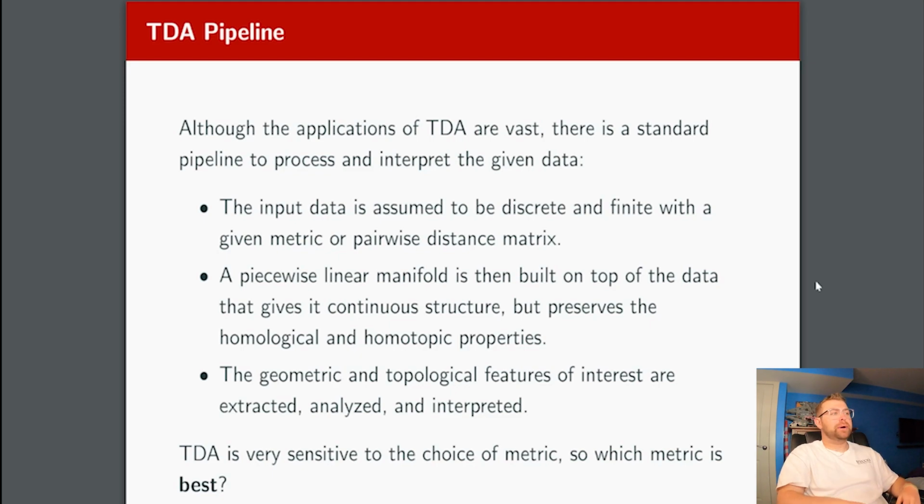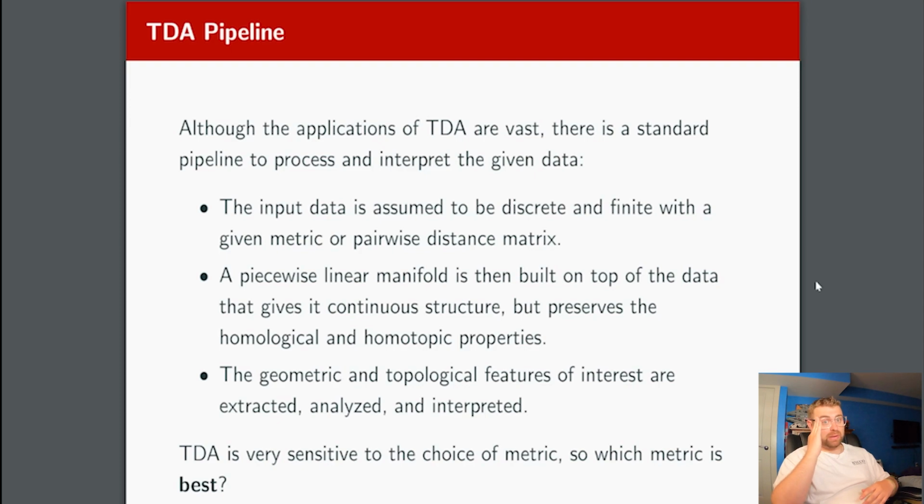First we're given some kind of data, right? Obviously we're doing this numerically, so it needs to be discrete and finite. And then we put this data into a pairwise distance matrix. So we need to impose a metric. Once we have this data, we build a piecewise linear manifold on top of it with respect to that metric.